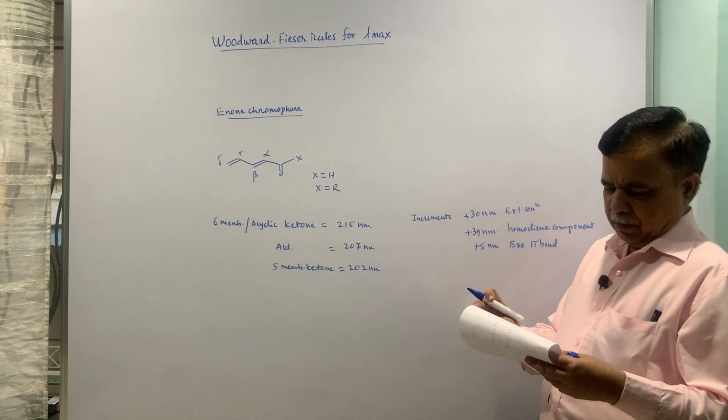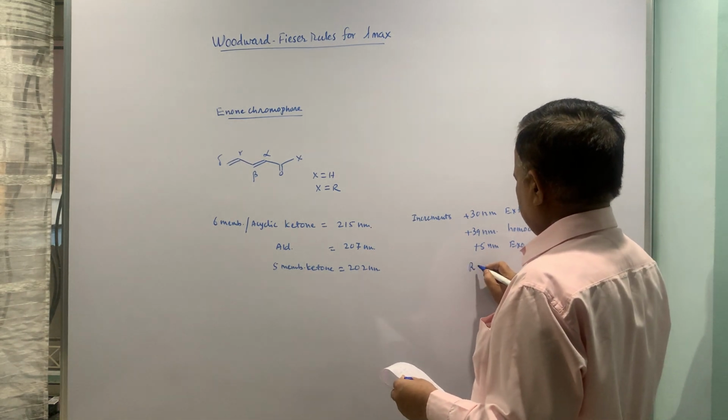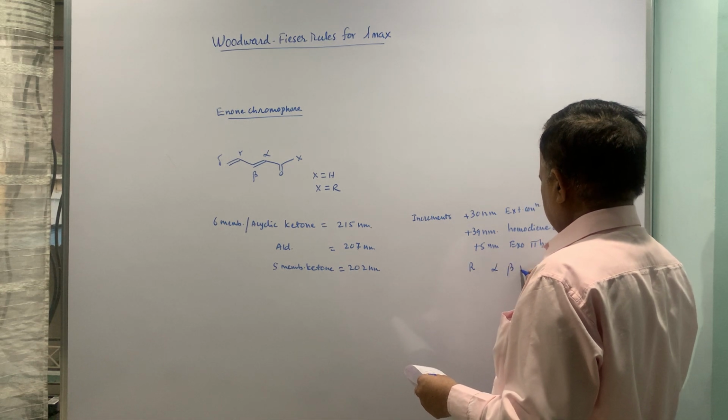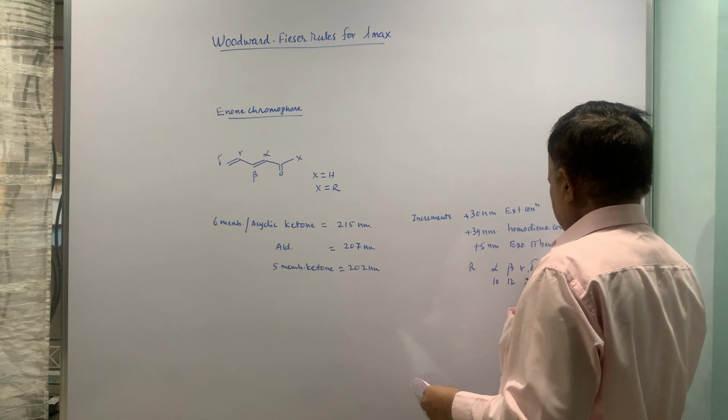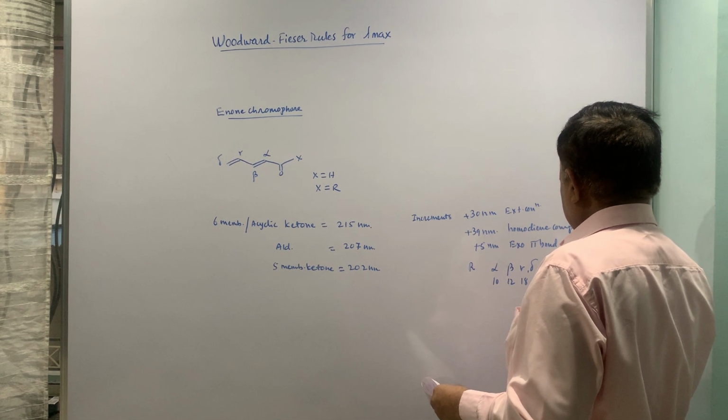Then alkyl group, alpha, beta, gamma, delta and higher. Now this is 10, 12, 18, 18 and even higher is also 18.